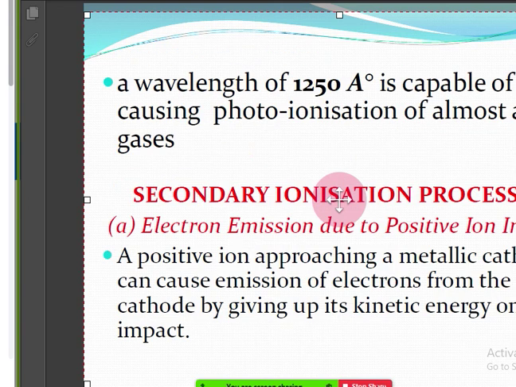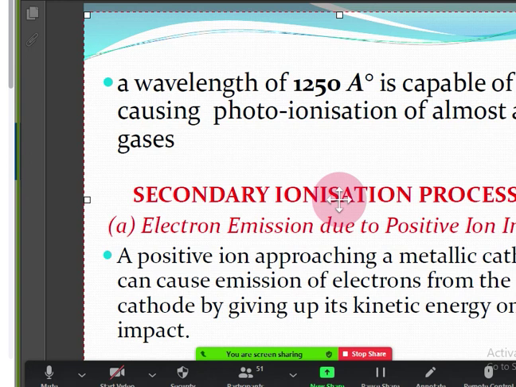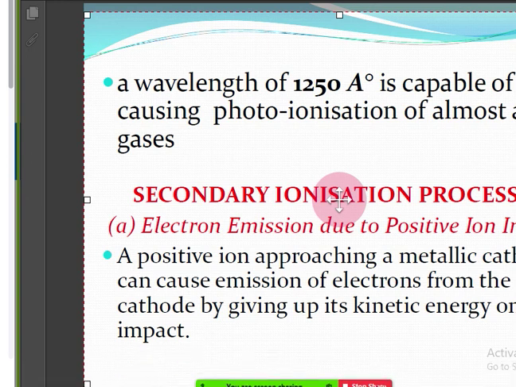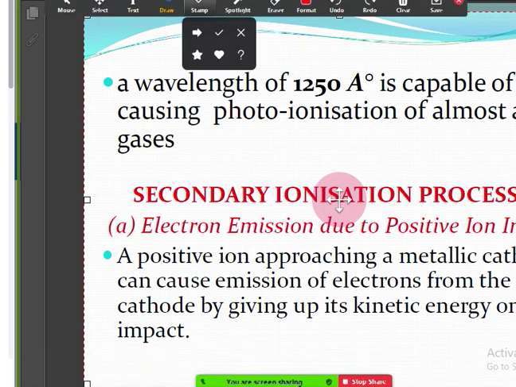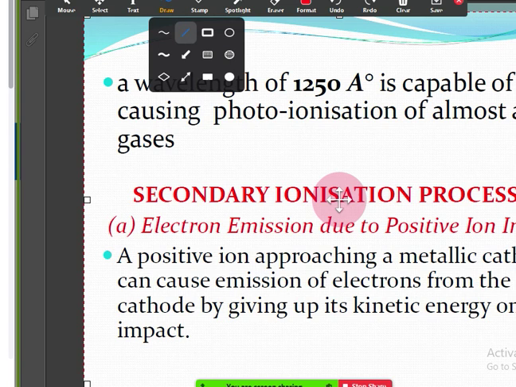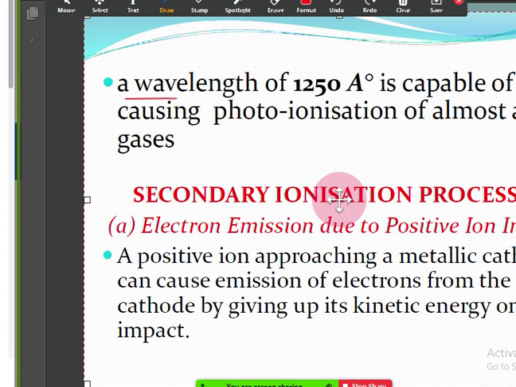Looking at the next point: a wavelength of 1250 angstroms is capable of causing photoionization of almost all gases.